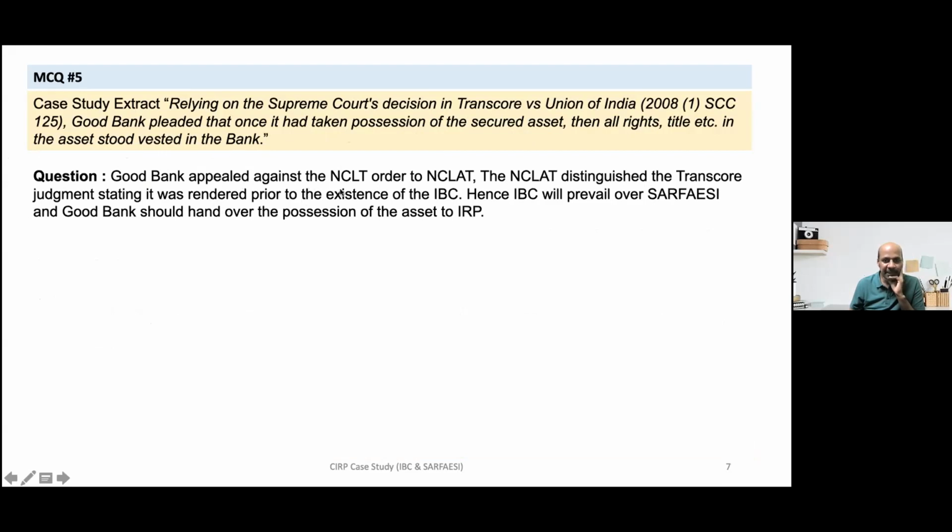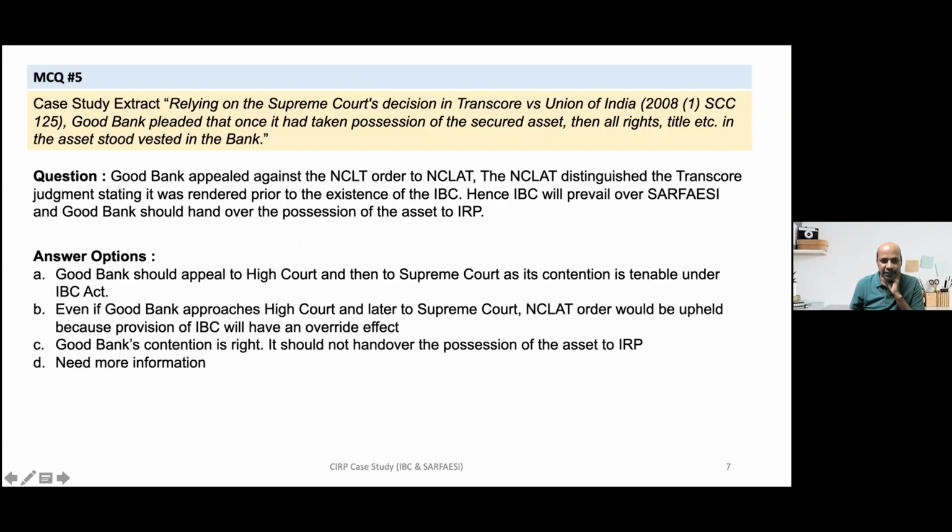Now, Good Bank appealed against the NCLT order to NCLAT. In a way, I've answered this question in the previous one, but still, we'll go ahead with this. The NCLAT distinguished the judgment stating it was rendered prior to the existence of IBC. Hence, IBC will prevail over SARFAESI and Good Bank should hand over the possession of the asset to IRP.